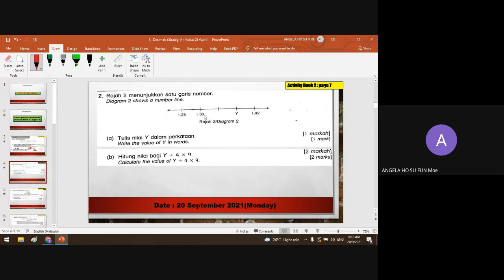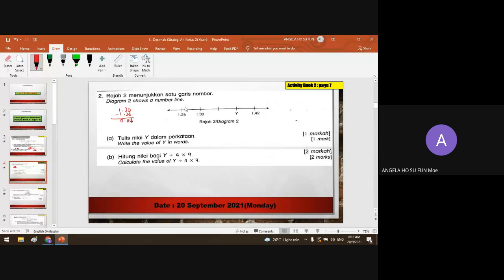You look at this number, the number is increasing. I want to know one time it increased how much. So I'll just use 1.30 minus 1.26, right? So I'll get 0.04.